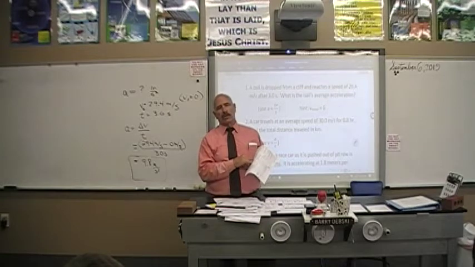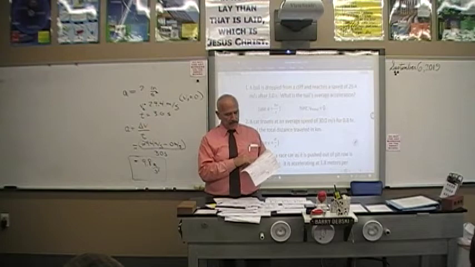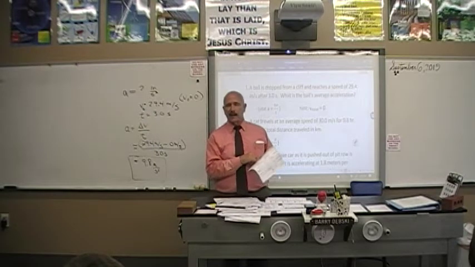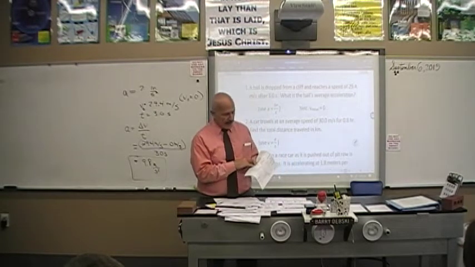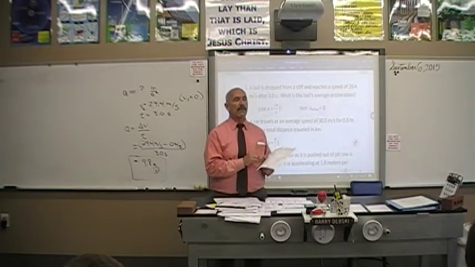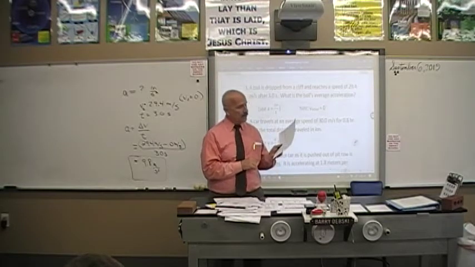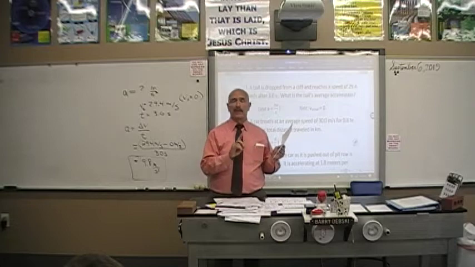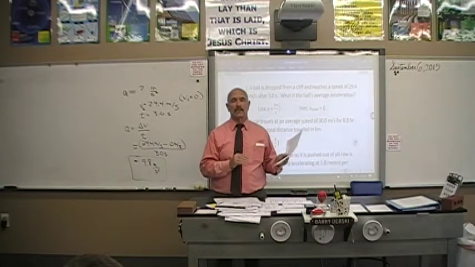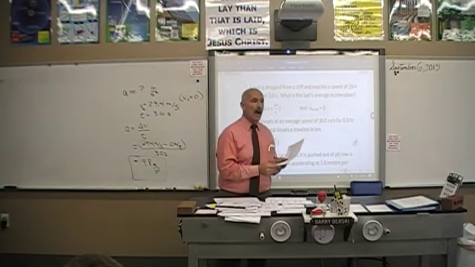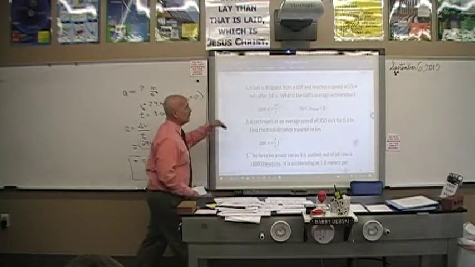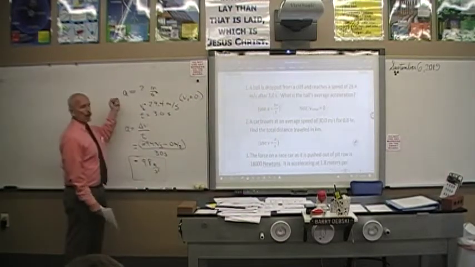Capital P is pressure or power, depending on whether we're talking about electricity or force. Momentum is small p, E is energy, like in kinetic energy or potential energy, and W is work. I know for a fact, with 1 or 2 exceptions, those are from your physical science class last year. Okay? I expect you to know that. So when I say we're looking for acceleration, everybody should know that's A.